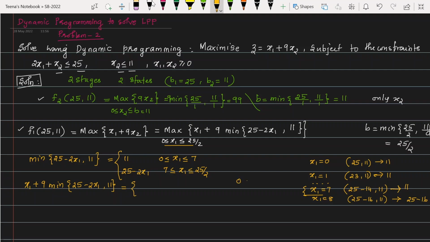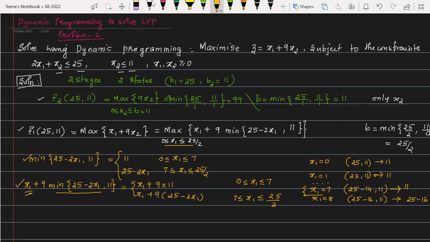For 0 less than or equal to x1 less than or equal to 7, we have x1 plus 9 into 11, and for 7 less than or equal to x1 less than or equal to 25 by 2, we have the minimum value as x1 plus 9 into 25 minus 2x1. Okay, so the minimum of 25 minus 2x1 and 11 is obtained in the previous stage, and we multiply that minimum with 9 and add that to x1, so that we reach this particular step.